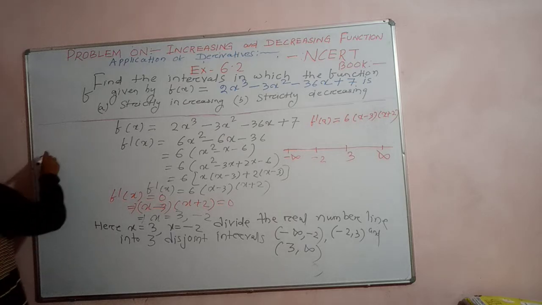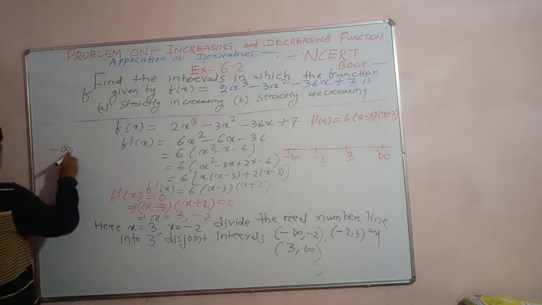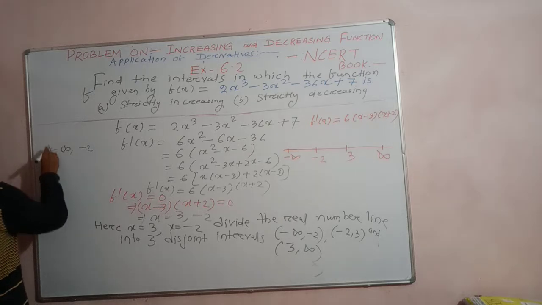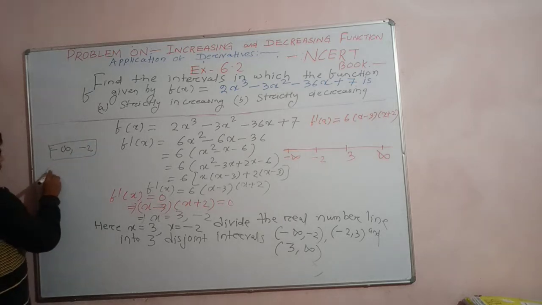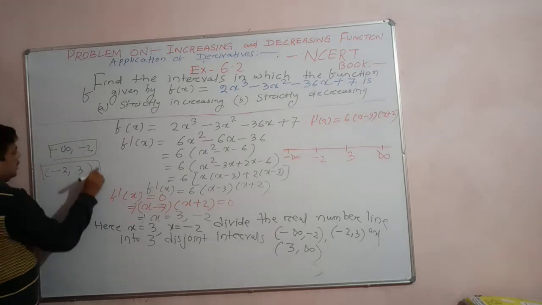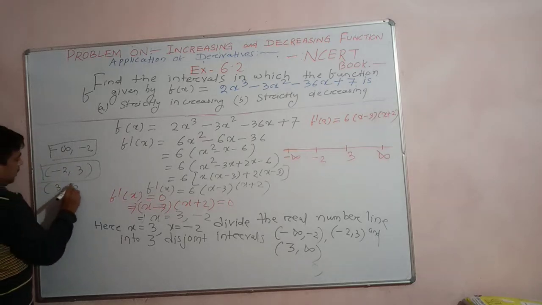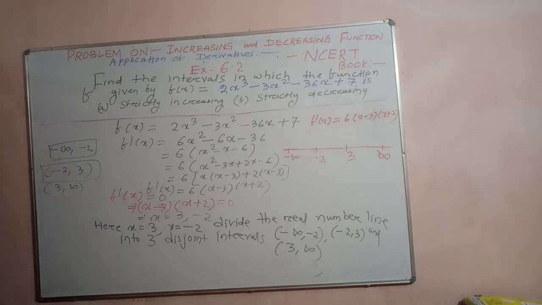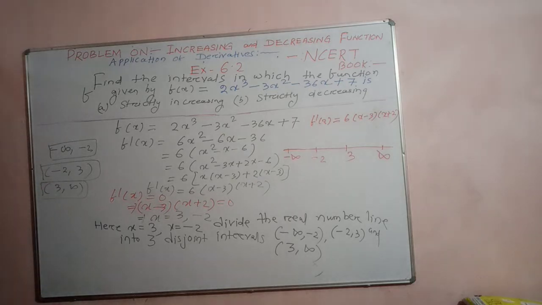First interval is minus infinity to minus 2, second interval is minus 2 to 3, and third interval is 3 to infinity. So you have to see in these 3 intervals in which interval the function is strictly increasing and in which interval the function is strictly decreasing. Is it clear? Let's check.